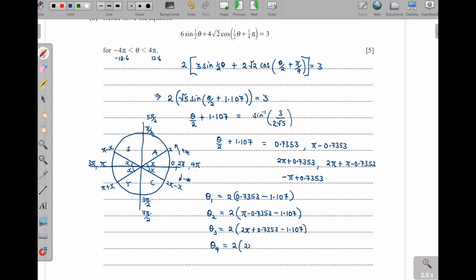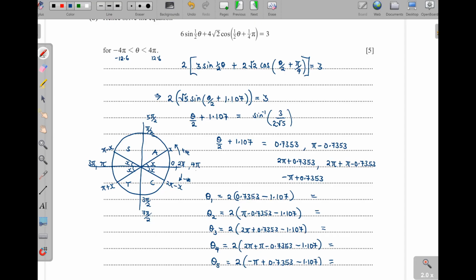We have 2 pi, then plus pi, minus 0.7353, then subtract the 1.107. And then maybe the fifth one here is twice into, we have negative pi, then plus 0.7353, then we have to subtract 1.107. Now let us see what we get from here, and then we see what goes and what remains.